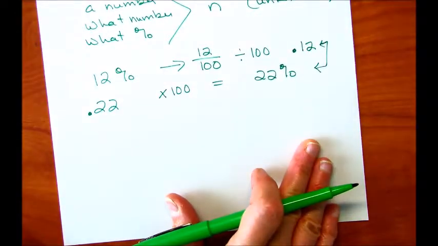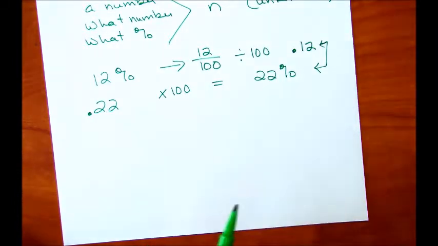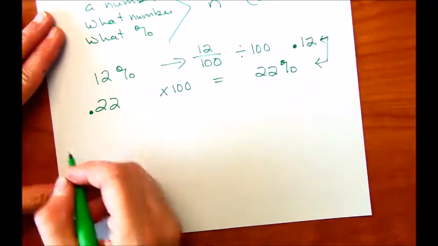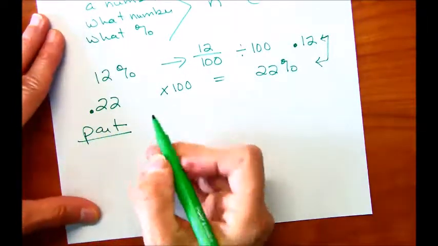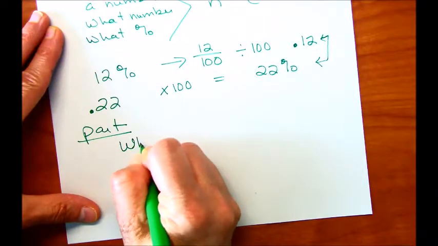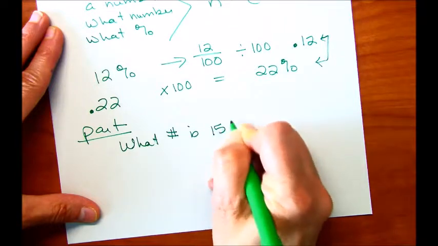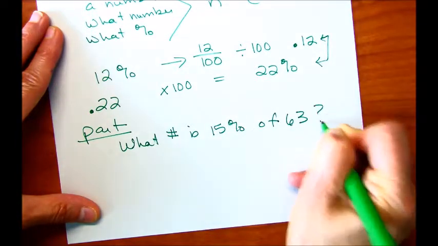Alright, let's talk about an example. I'm going to give you an example for each type of problem. So for instance, if we want to solve for the part, we might have a problem that says, what number is 15% of 63?